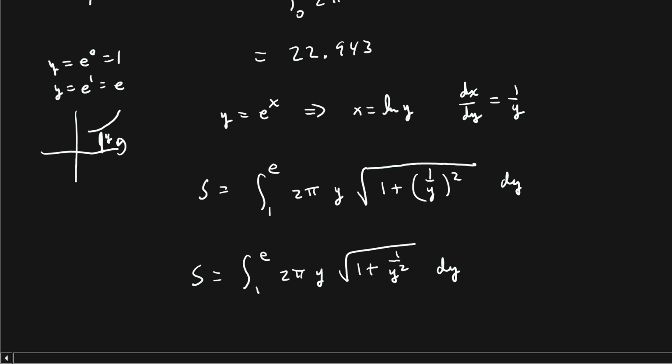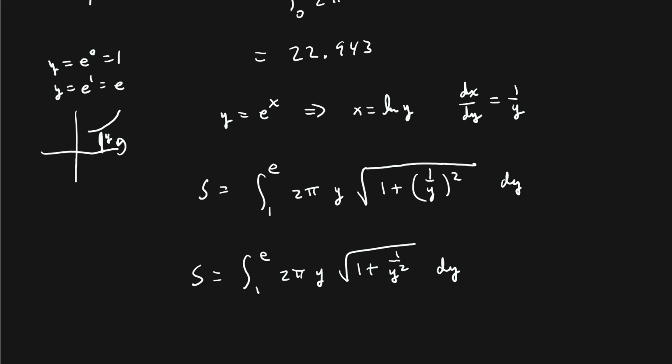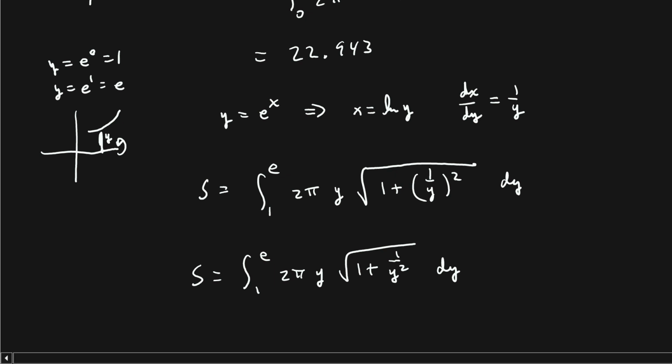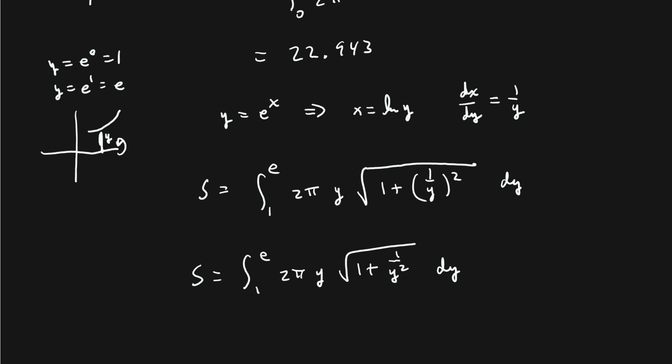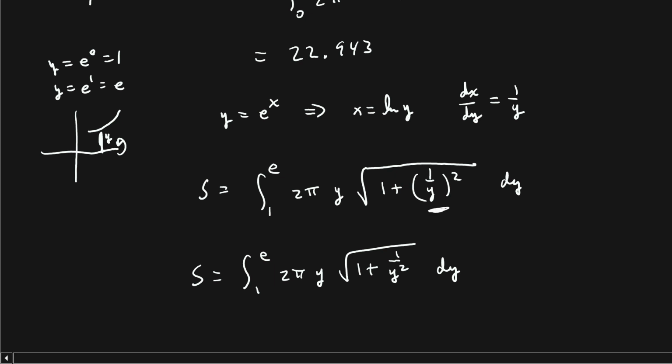So basically, you're going to decide whether you're going to set it up in terms of x or in terms of y. Once you decide which one, the main thing is that radius. If it's in terms of y, you've got to get x equals something in terms of y, so you can take that derivative.